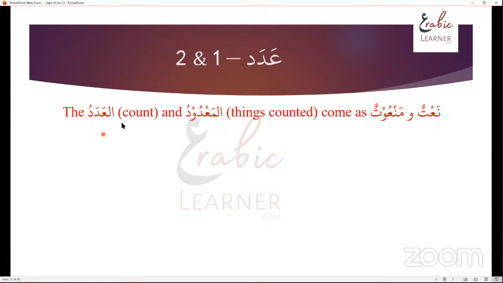And the 1 and 2 that come are called adad. Adad means any number, any count. So the relationship between adad and ma'dood is na'at manut. Take an example.